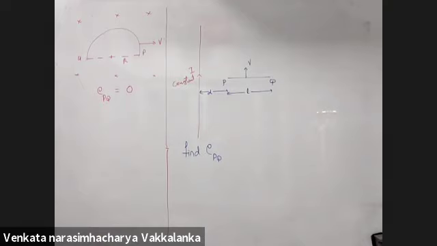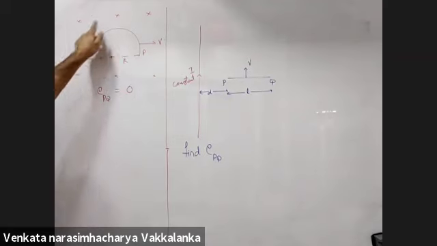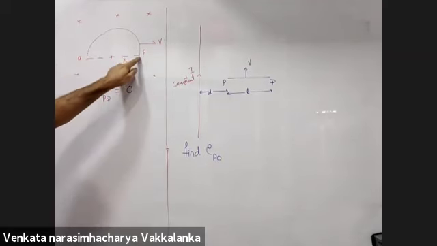So in the first example, what was the first reason you had given for the EMF to be 0? Close the closing side, net EMF should be 0. Along this length, it is 0. Okay, sir. Got it.